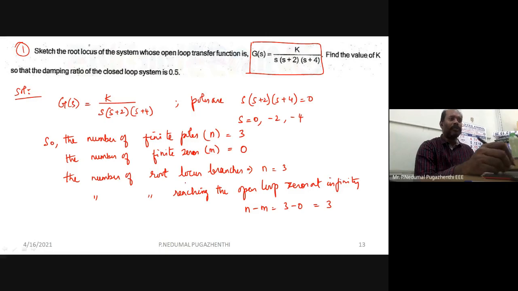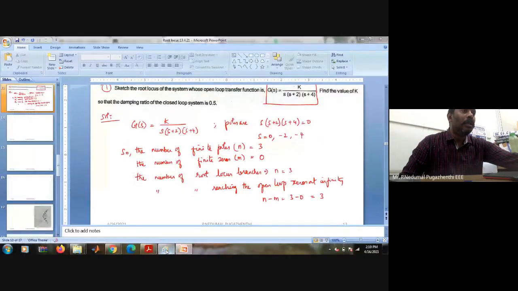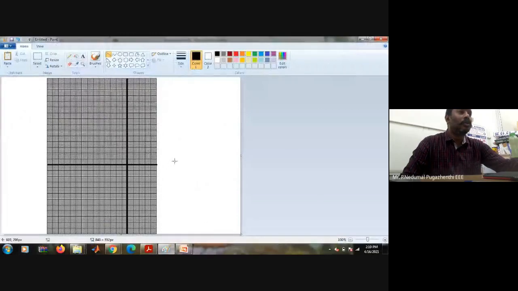And let us start working on that problem. We will first locate these poles and zeros. I will take a linear graph sheet and try to locate the poles.